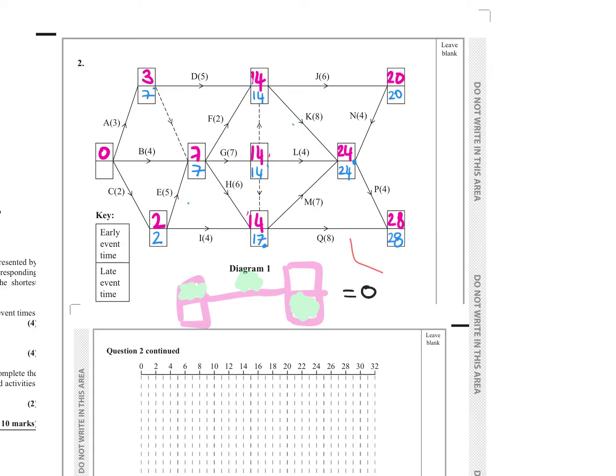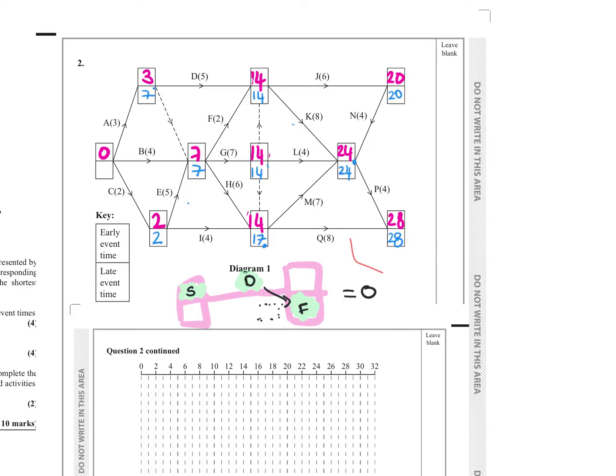Okay, so this is our critical activities, and this is what we're drawing. Whenever we draw, this is our start time, this is our duration, and this is our finish time, okay? Now, between the duration and finish, that's when we do the dotted lines, if it's not the full time, if it's not critical. For critical, there's not going to be.